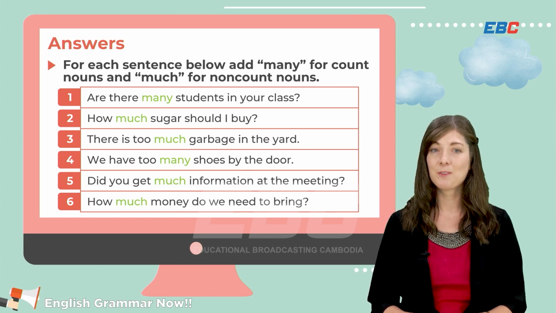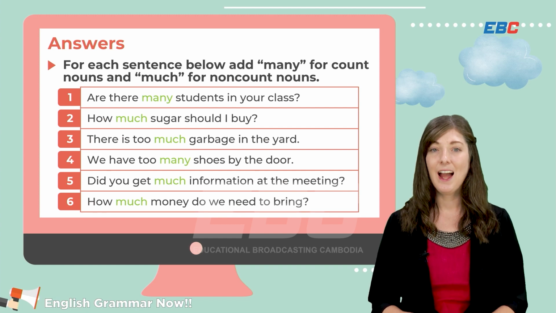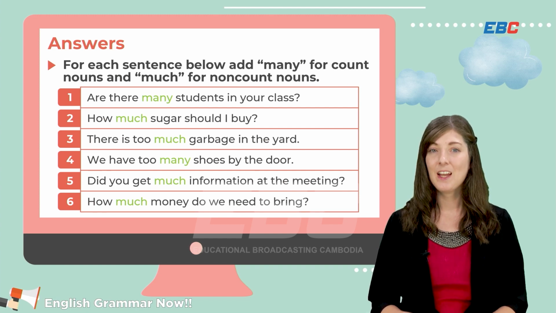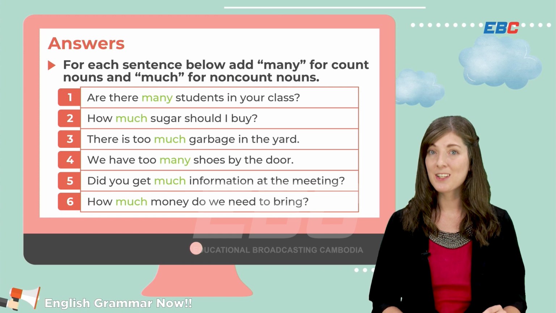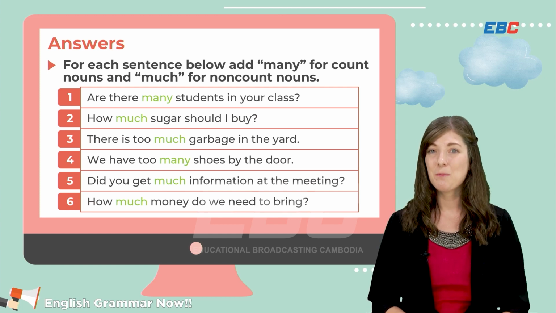Number 5. Did you get much information at the meeting? And number 6. How much money do we need to bring? You can see that nouns that are plural, like students and shoes, are obviously count nouns. So that helps you make your decision.